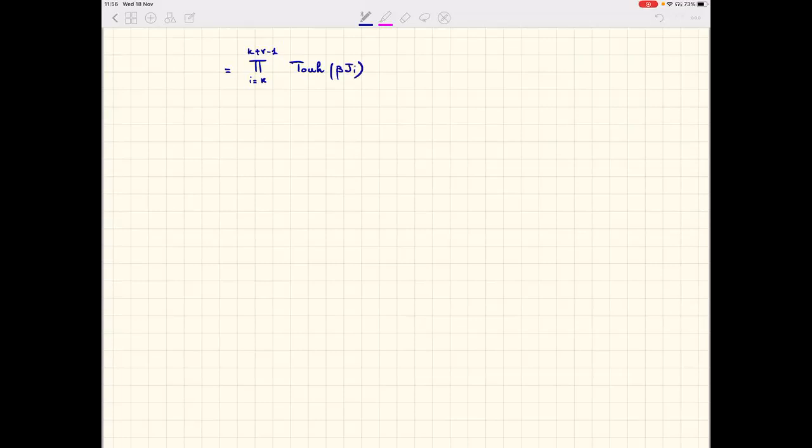And now I want to use this expression to compute my original correlation function for the model in which all ji were equal.